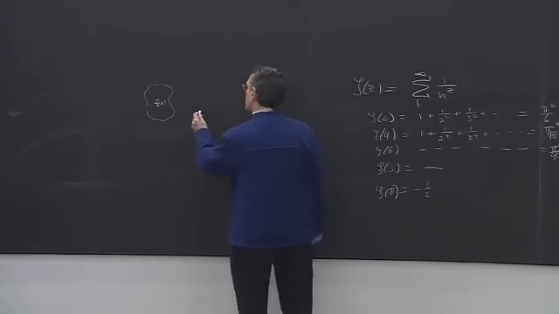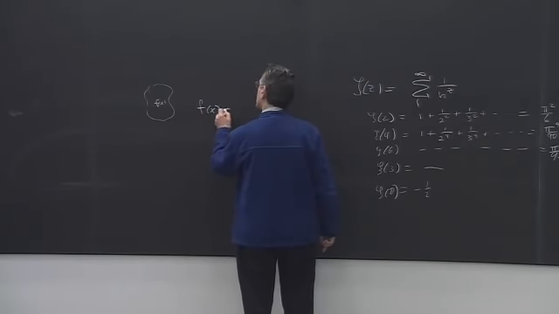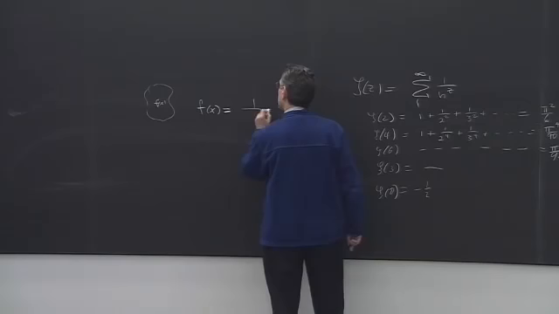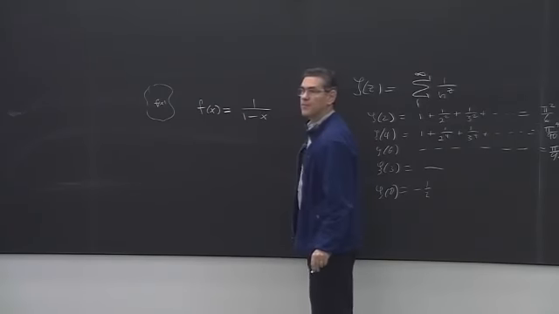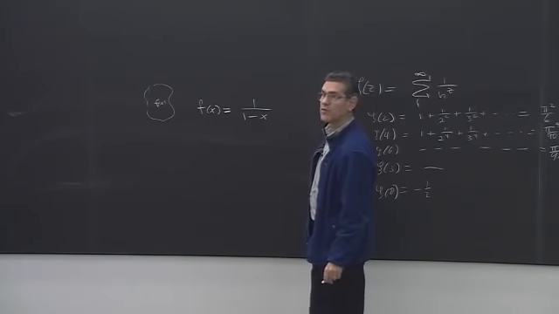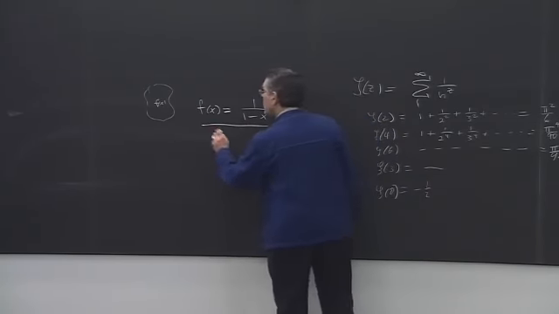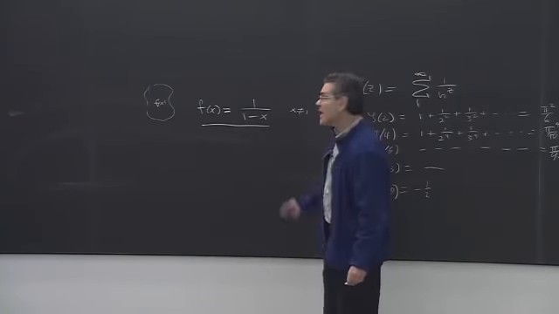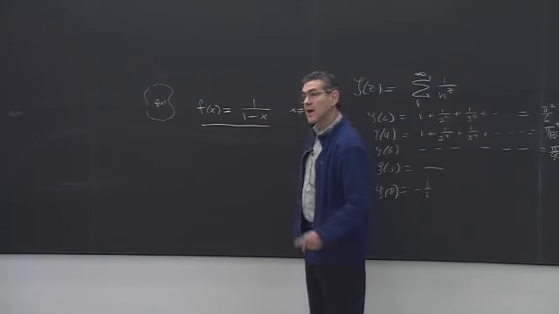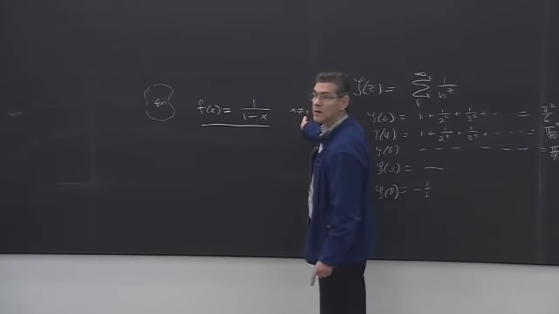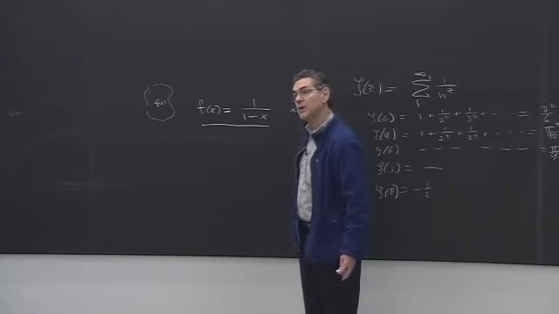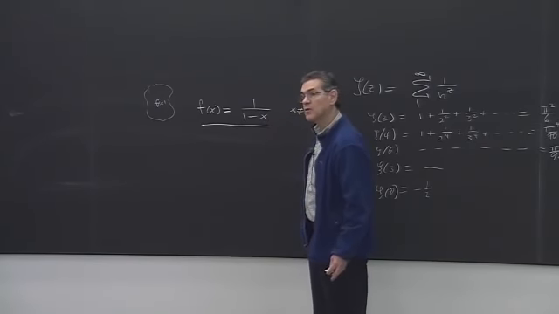For example, I might say this function is equal to 1 over 1 minus x, so long as x is not equal to 1. This is one way to represent that function. Now you and I can discuss the function, except we can't talk about the function at 1. But for all other values, in fact, for all other complex values of x, we can discuss this function.